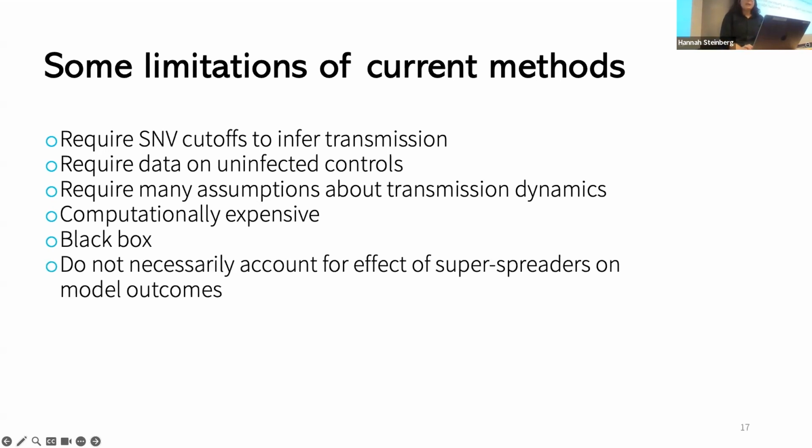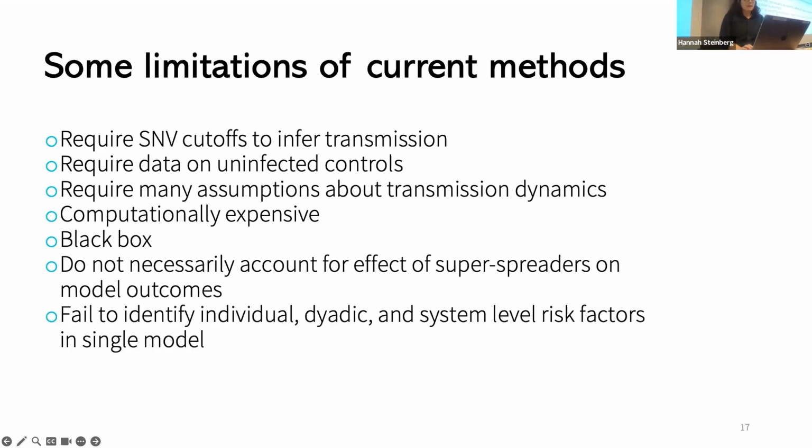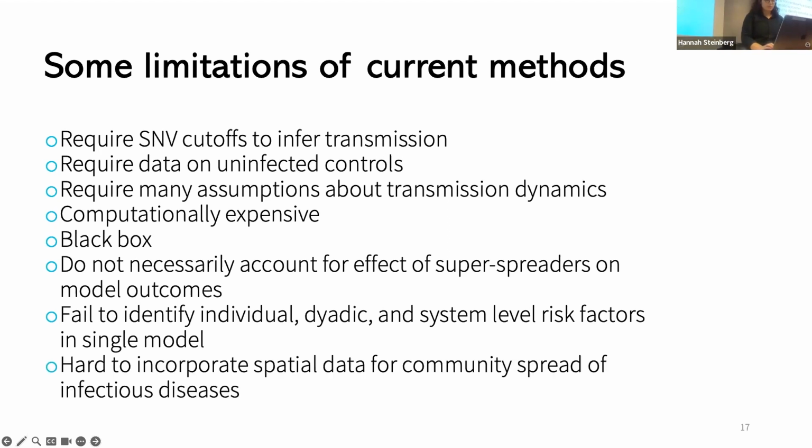A lot of them don't necessarily account for the effect of super spreaders on model outcomes, which I'll talk about more in a second. And none of these models are able to identify individual, dyadic, and system level risk factors within an entire infectious disease ecosystem. They usually focus on just one of these. It's also, again, when we're looking at community spread, going to be hard to incorporate spatial data into these models.